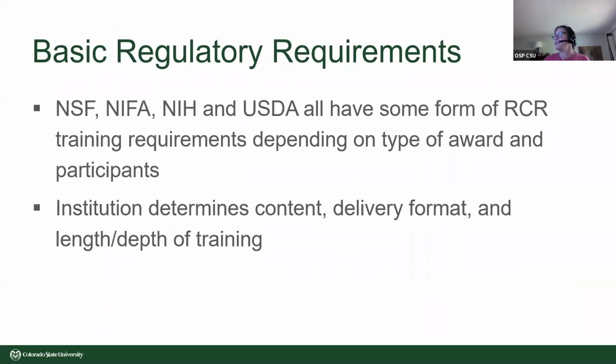Some of the federal awarding agencies, such as the ones listed here, have some sort of RCR training requirements depending upon the nature of the award and the participants, the trainees. And they allow the institution to determine the content being trained and how it's delivered, whether in person or as an on-demand module.